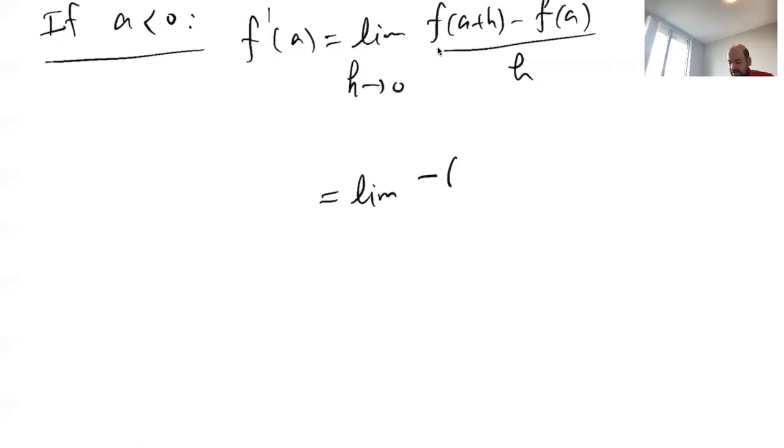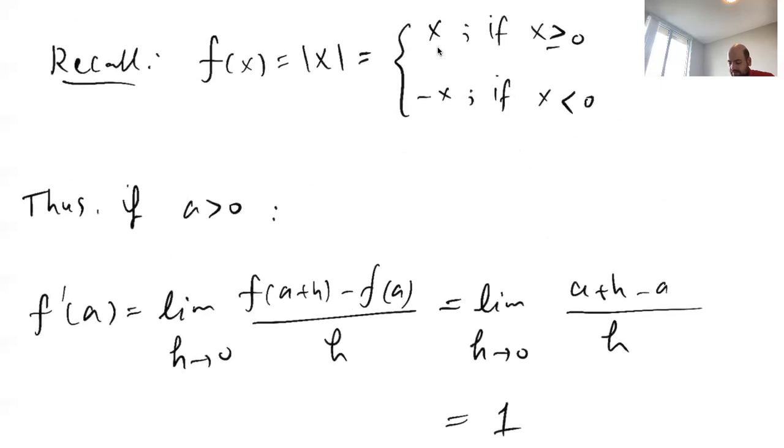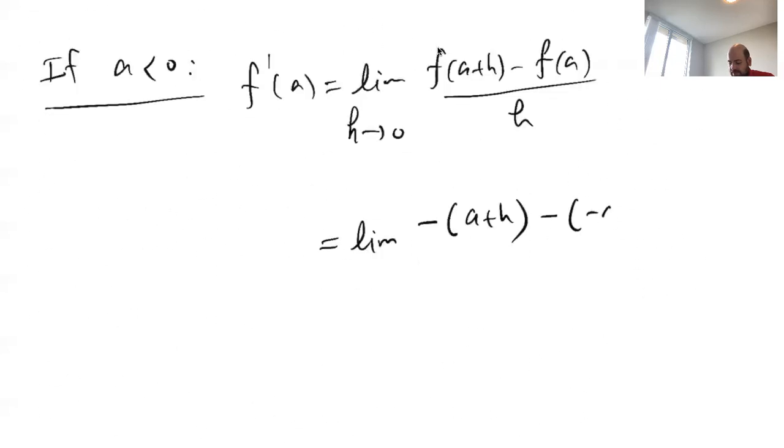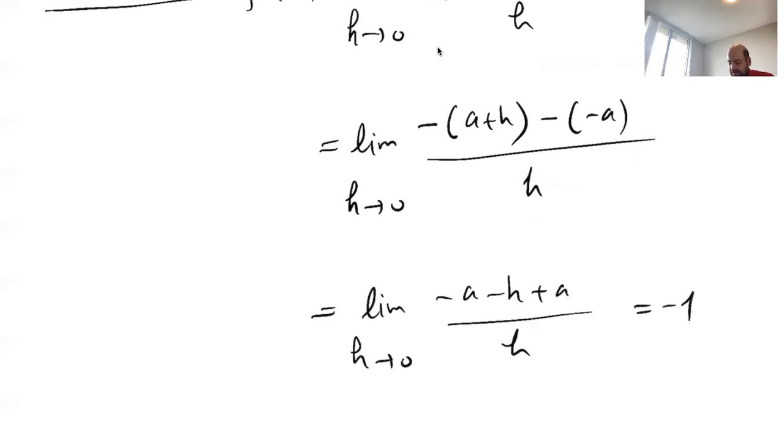So we replace x by a plus h: minus bracket a plus h, minus f of a, and f of a is minus a, divided by h. Now minus a plus a, they cancel, and we are left with the limit of minus h over h as h approaches 0. The answer is minus 1.